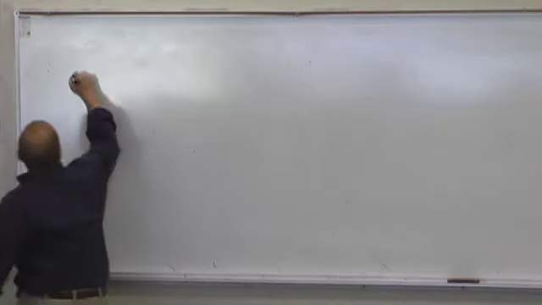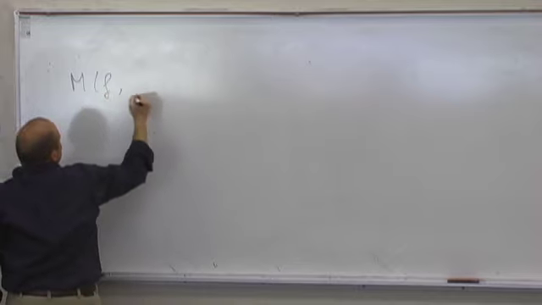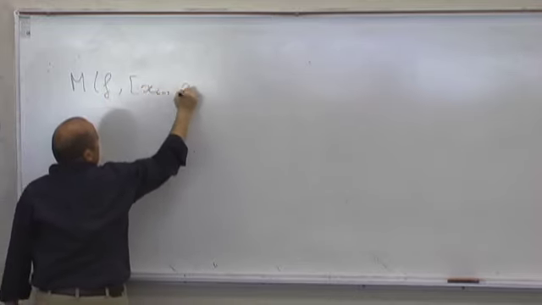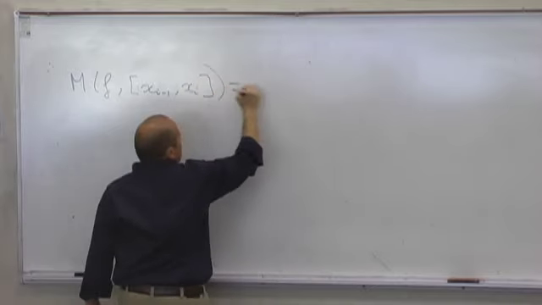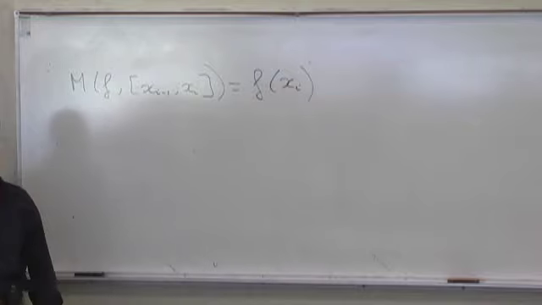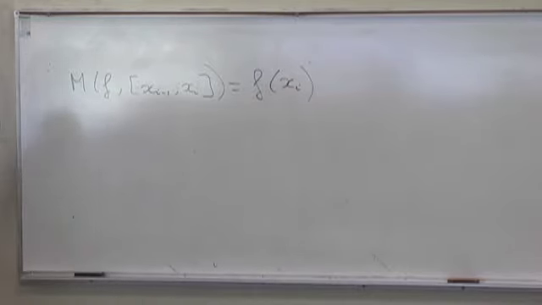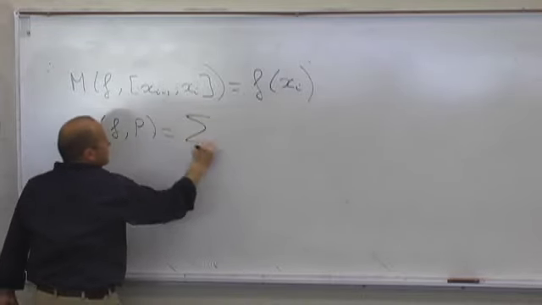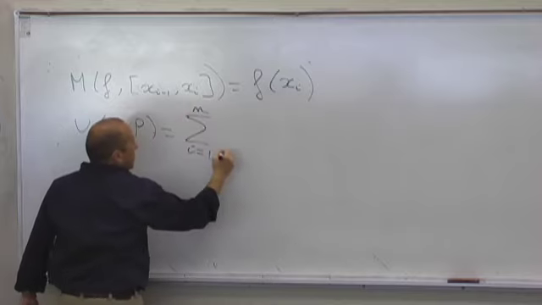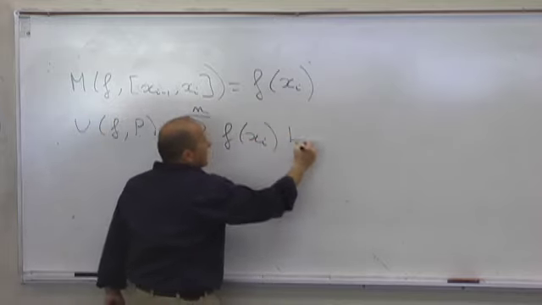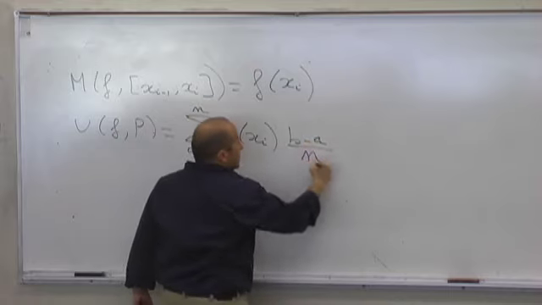Now the upper Darboux sum is of course going to be f of xi. So you get exactly the same formula, but this time it's f of xi instead of f of xi minus 1, times (b minus a) over n.